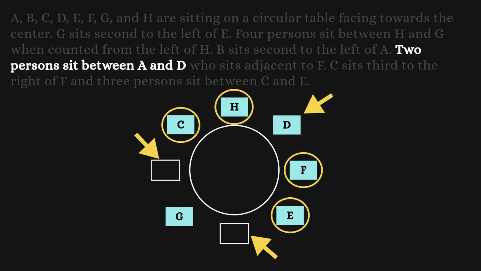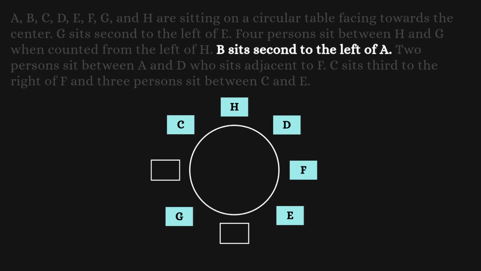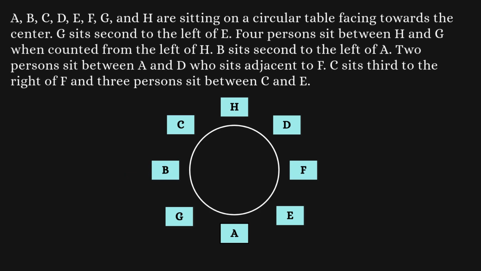So we cannot be sure of the position of A. But if we consider this statement, B sits second to the left of A. This means A has to sit here and B will sit second to the left, which is here. We now have our final solution.